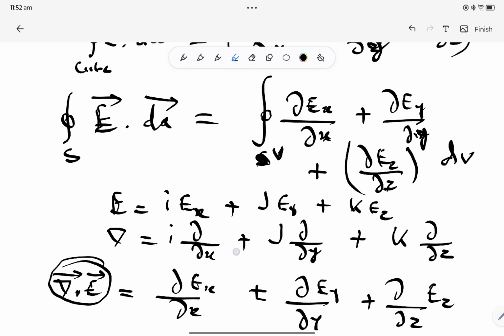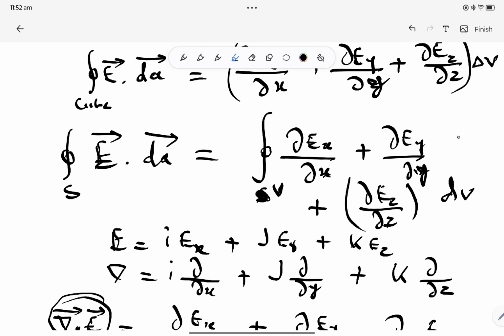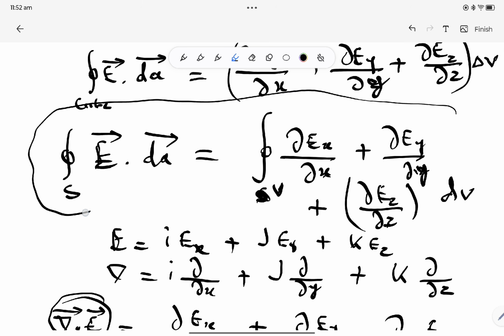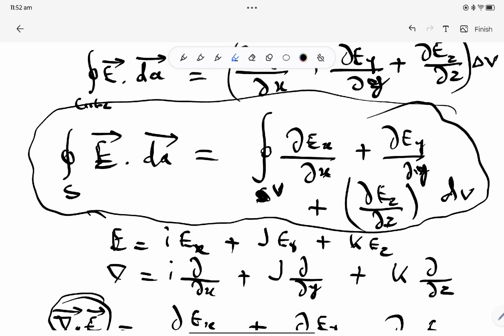And this is what we call Gauss's theorem. In physics, we think of Gauss's theorem as a theorem that connects a surface integral with a volume integral.